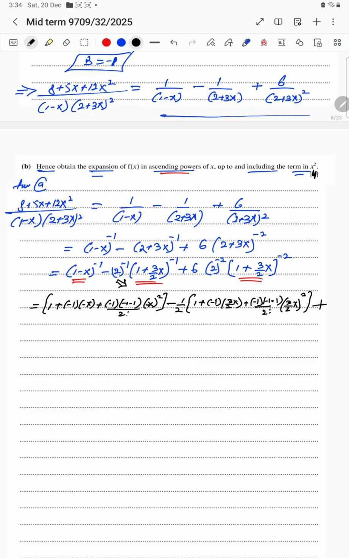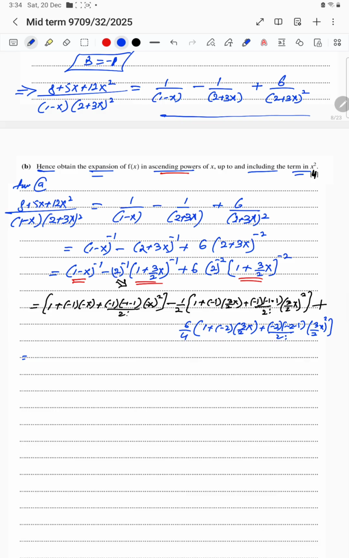Plus this will be 2 to the power 2, which is 1 by 2 squared, 1 by 4, so I can write 6 by 4, and applying this formula here, 1 plus nx plus n(n minus 1) over 2 factorial, (3 by 2 x) squared. I hope it is clear.